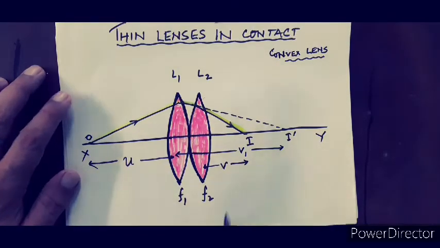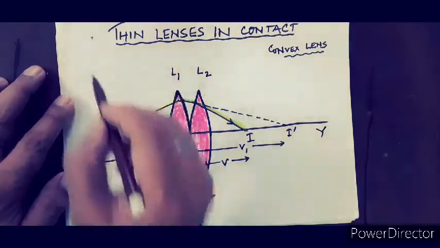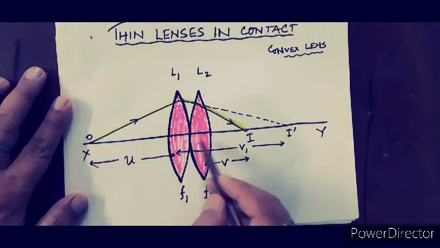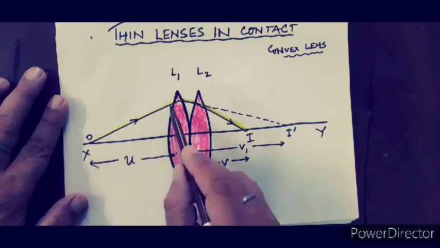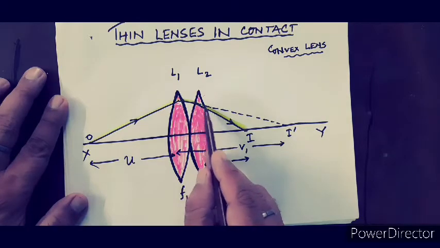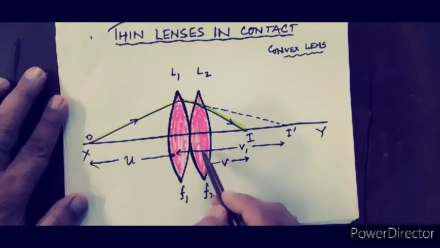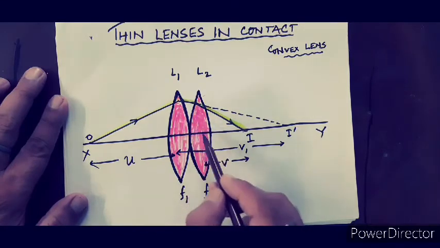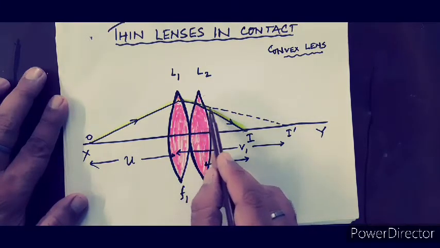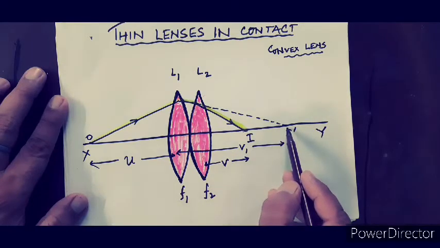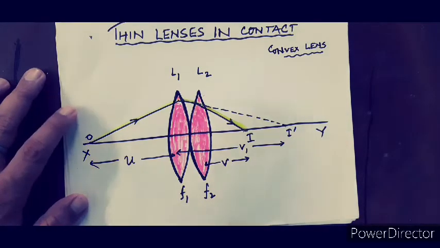Now the thin lenses in contact. That's also important. Just see the diagram. I have taken two convex lenses. A ray of light is coming this way. It bends, and again bends by the second lens and converges here. Had there been no second lens L2, the image would form at this particular point I dash.